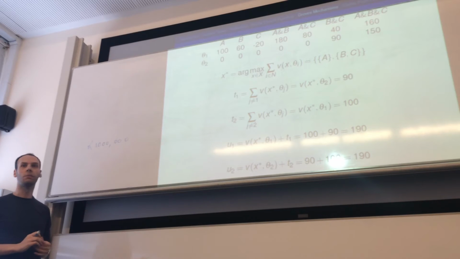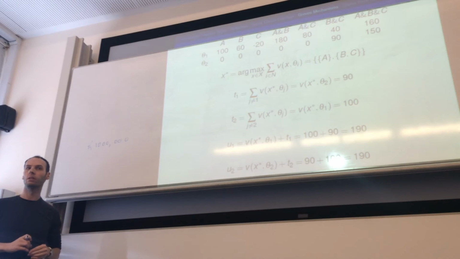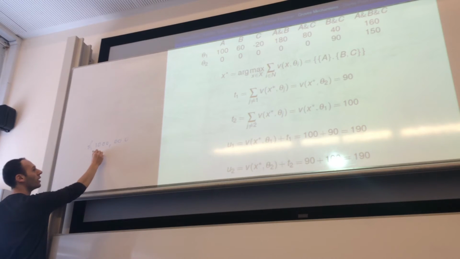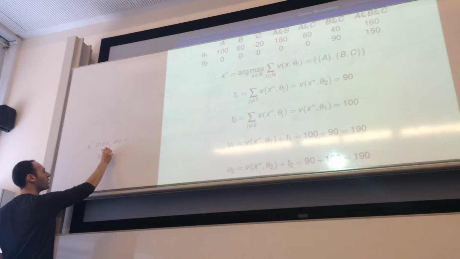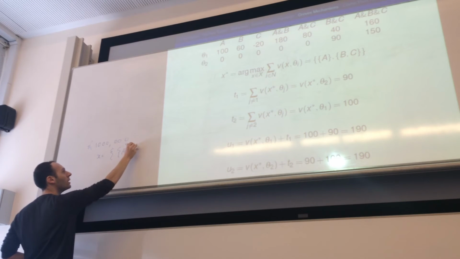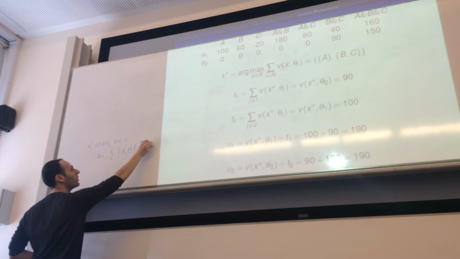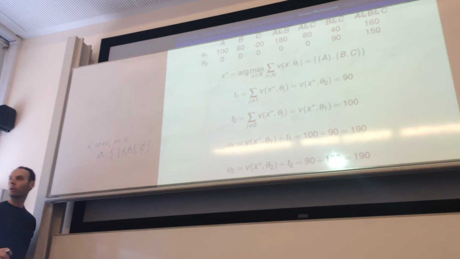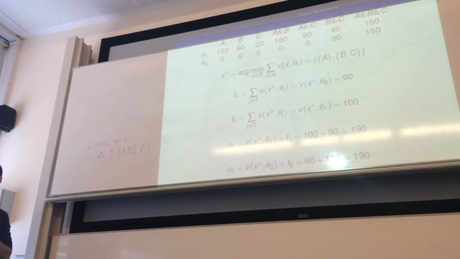Well, let's start with the outcome. What would be the social choice outcome? Player 1 gets A and B, player 2 gets nothing. So we have a social outcome which says A and B to player 1, nothing to player 2. That's the optimal social choice given the reports of the agents.